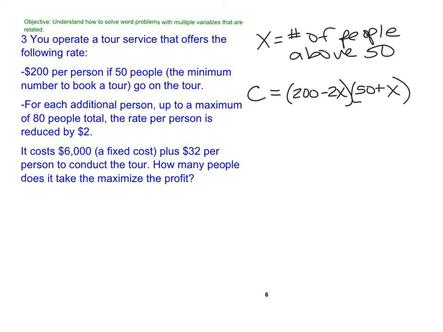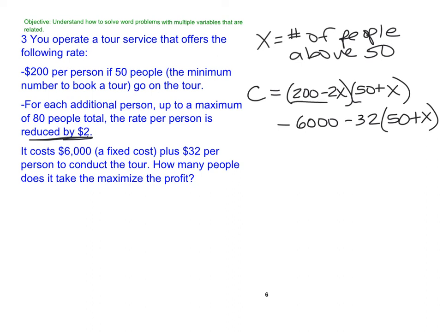So that's the amount that we're making, right? $200 reduced by that 2, times the number of people plus x, because we're above 50. Then we have to subtract off the $6,000 and subtract off the $32 for every person. Again, 50 plus x, the original 50 plus the extra. So that's my equation. Now we're going to multiply it all out.